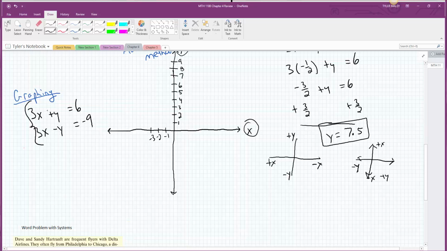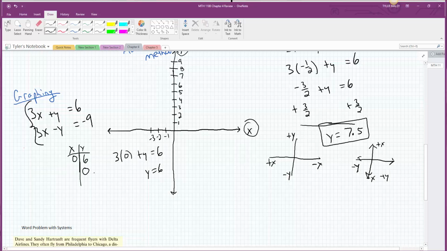All right, so we need to pick some points in here. So I'm going to graph by finding intercepts. For the first equation, if I put 0 in for x, that would give me 3 times 0 plus y equals 6, so y would equal 6. So (0, 6).